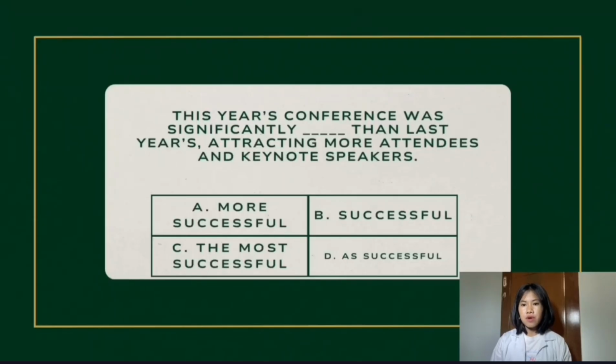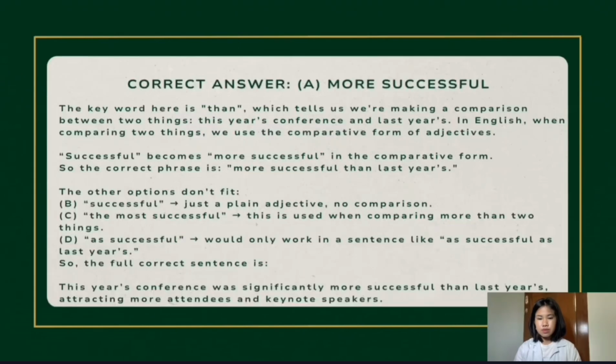This year's conference was significantly blank than last year's, attracting more attendance and keynote speakers. A. More successful, B. Successful, C. The most successful, and D. As successful. The correct answer is A. More successful.